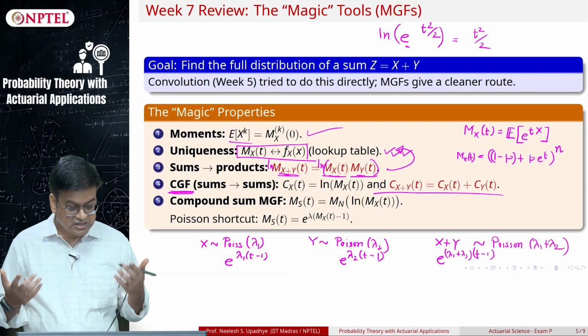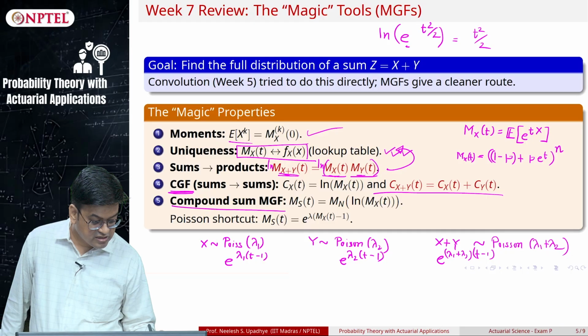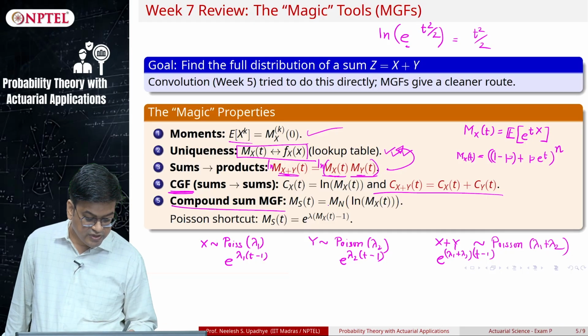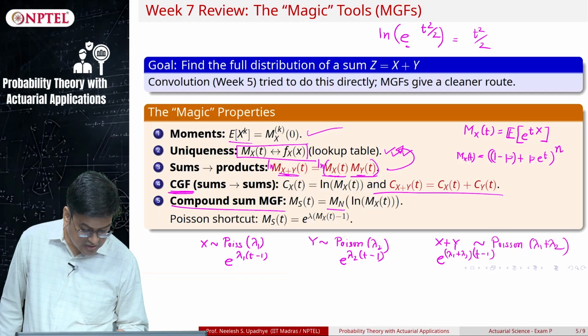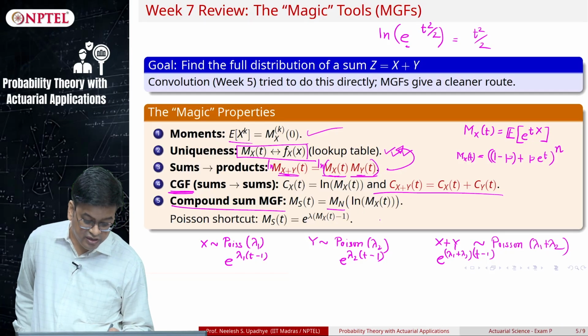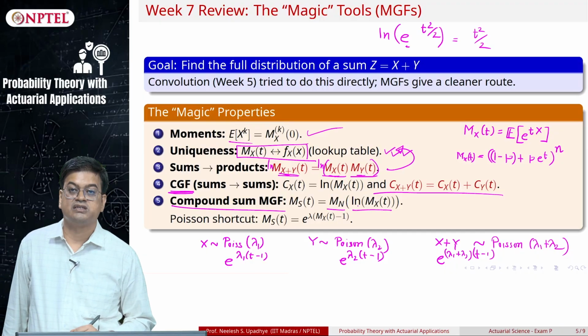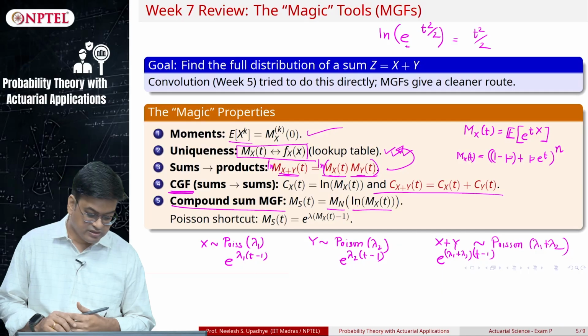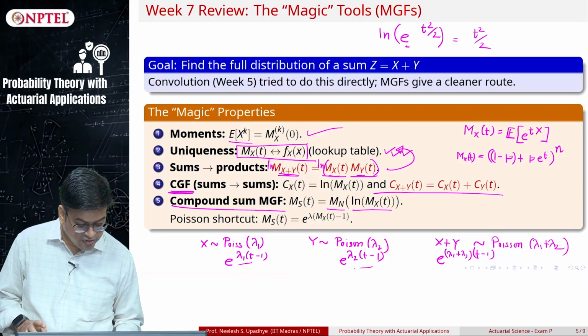The answer is yes, I have, and that is where we derived this compound sum MGF, which is essentially Mn. This is the moment generating function with respect to n, where the argument is ln of mxt, which is the cumulant generating function again. And therefore, as you can see, I have already done it for Poisson.